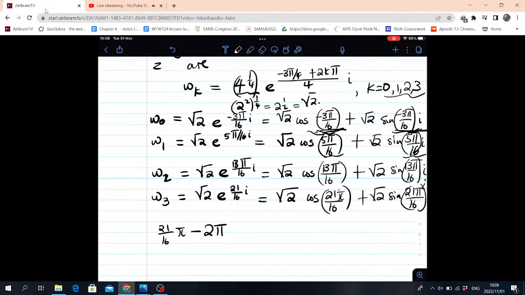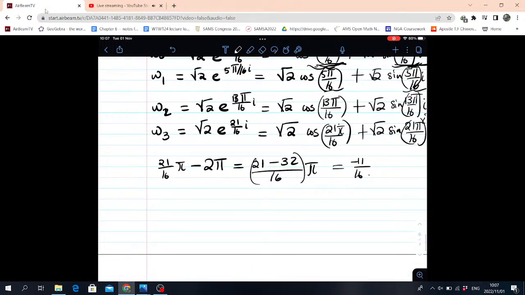We subtract 2 pi, and then what do we get? 21 minus 32 over 16, all times pi, is going to be equal to minus 11 over 16. I think that is correct.